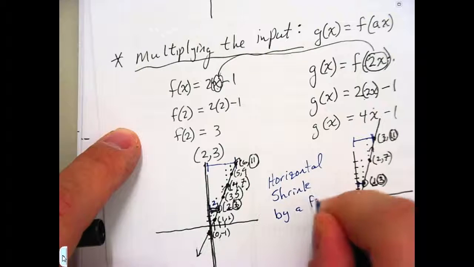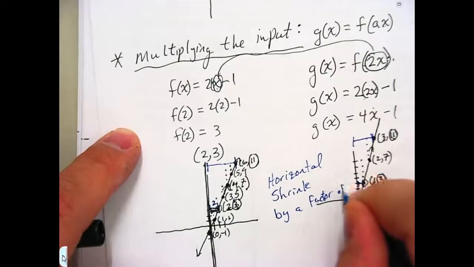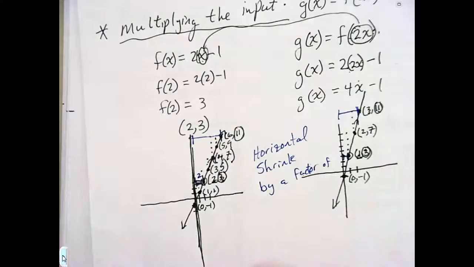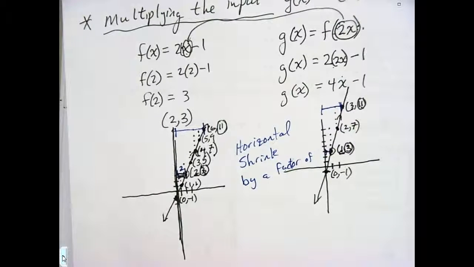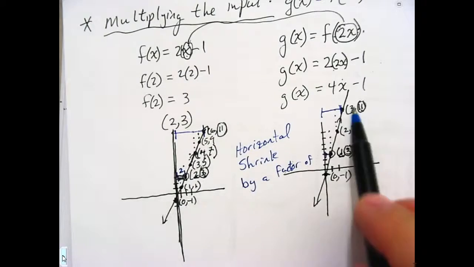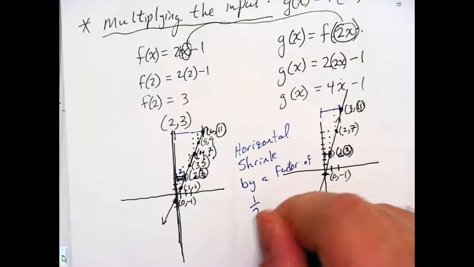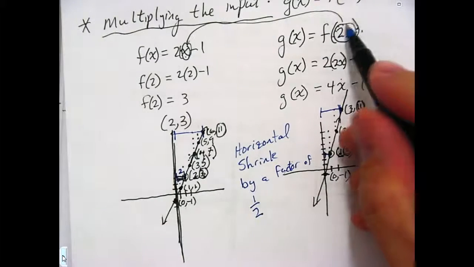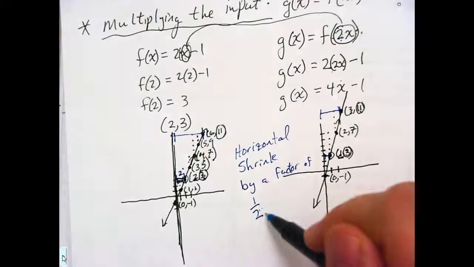By a factor of, not of 2. By a factor of what? How do you get from 2 to 1? 6 to 3? 1/2. Okay, so in your notes, you've got to think, hold on, it was multiplied by 2, but I did it by 1/2.